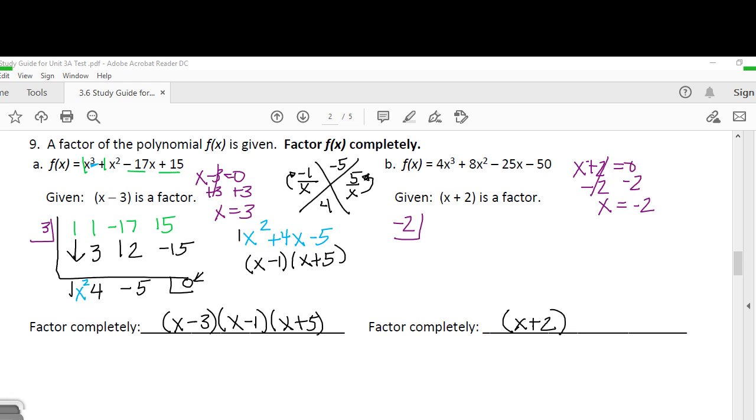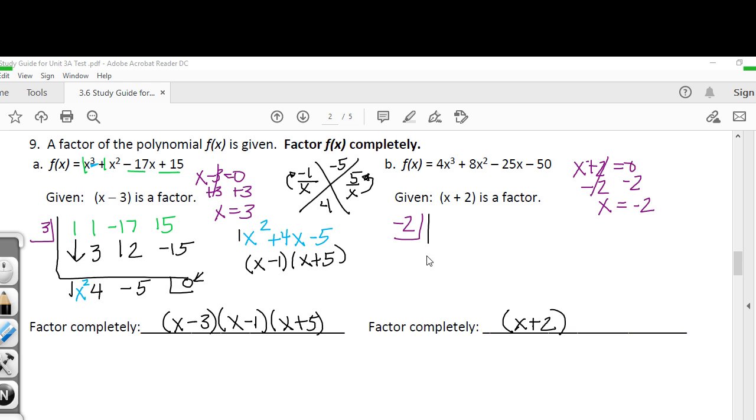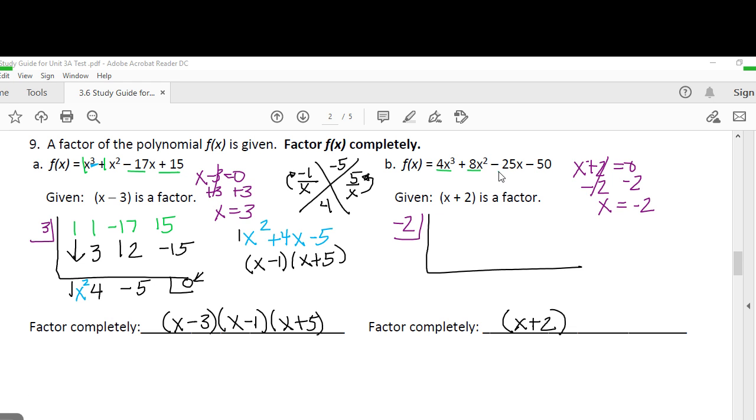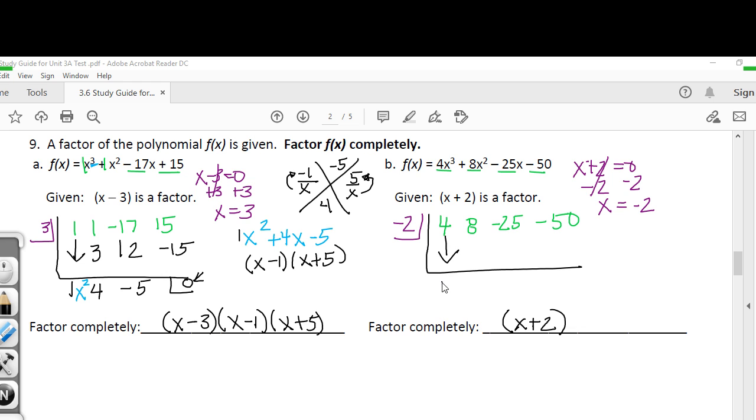I'm going to go find my coefficients. Make sure I have all of them. So I have a cube, a squared, 1, none. So 4, 8, negative 25, negative 50. Drop my first number, which is a 4. And now multiply, add, multiply, add.